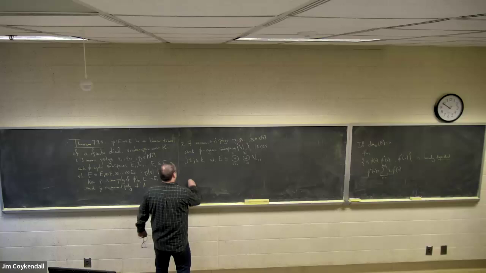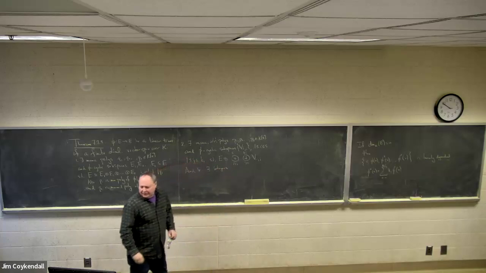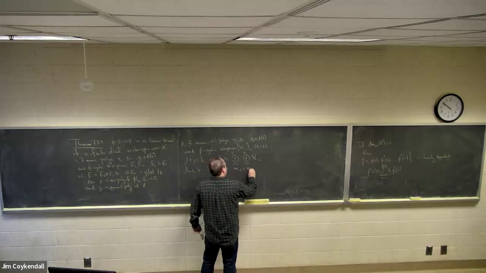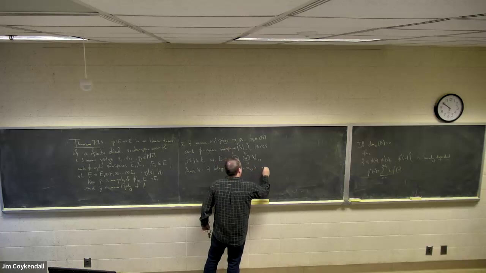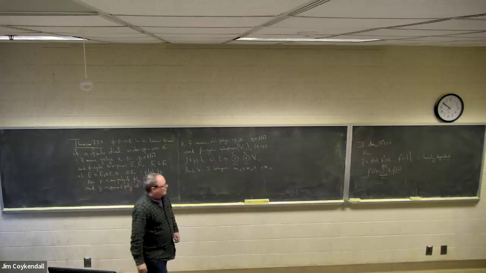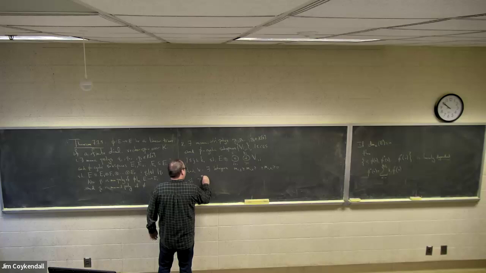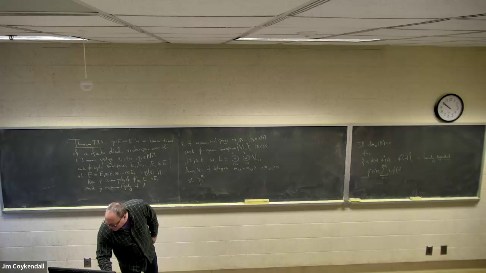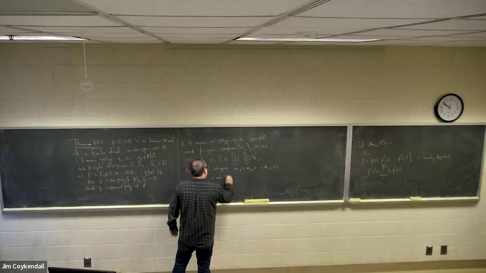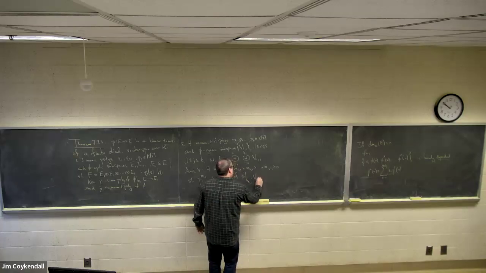And for every i, there exist integers mi1, mi2, and so on, greater than 0, such that Pi to the mij is the minimal polynomial of phi restricted to Dij.